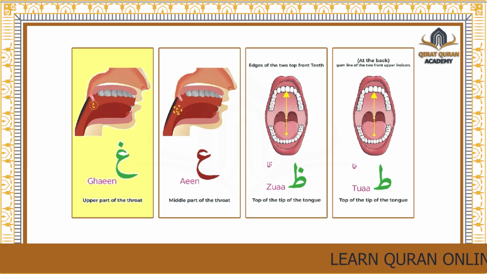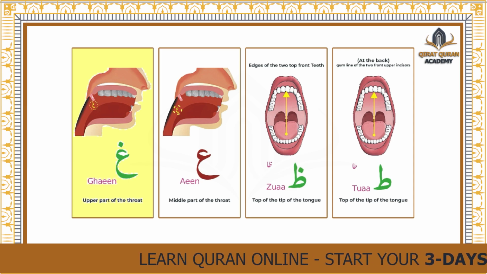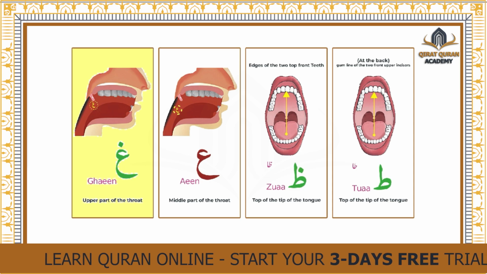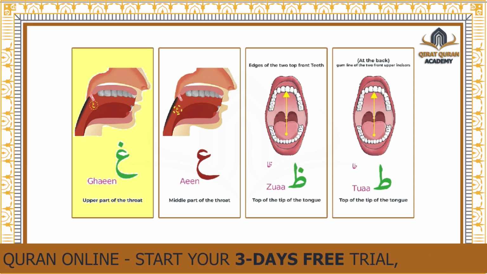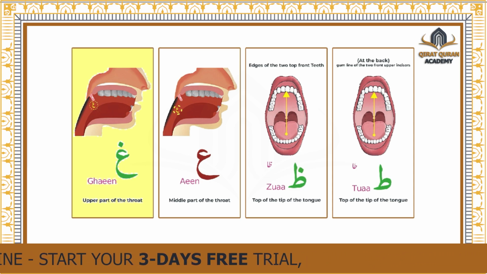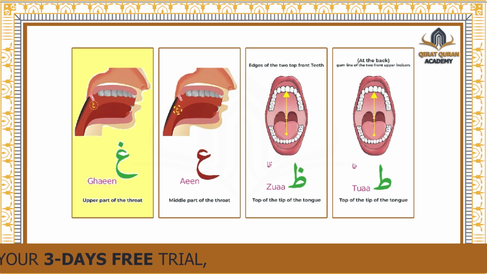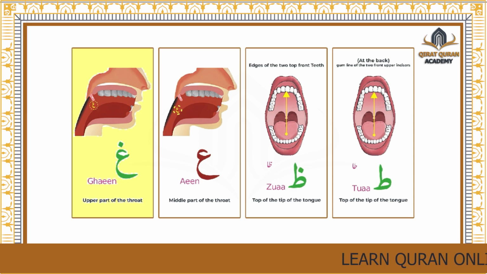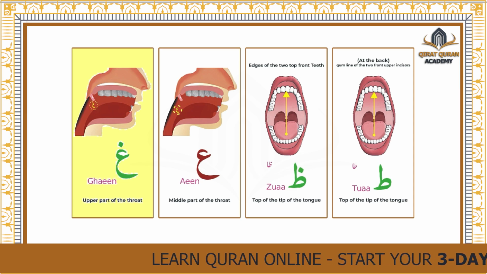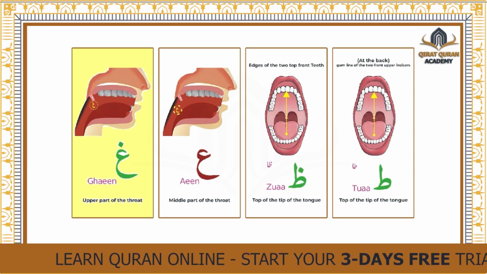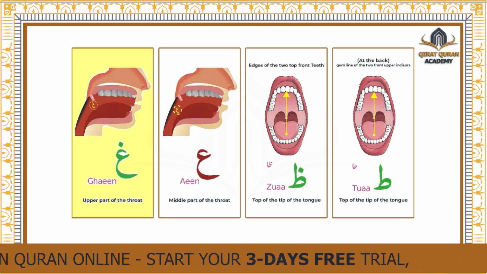In the previous lessons, I told you about kha. Both kha and ghain are throat letters, and these two letters are pronounced from the upper portion of the throat. So this is the origin of ghain.